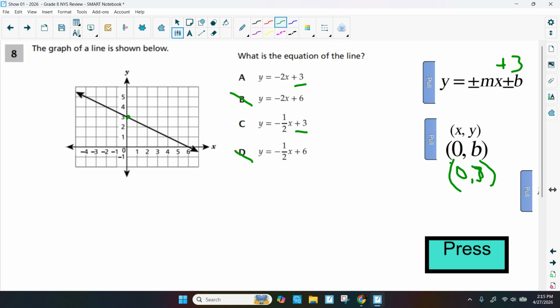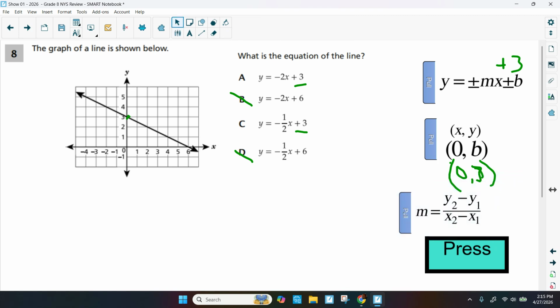I see I got something else to pull out. So let me get my arrow tool and pull that out. The formula for slope, point slope formula. M stands for slope, and you subtract the y2 value minus the y1 value over x2 minus x1 to give you the slope.